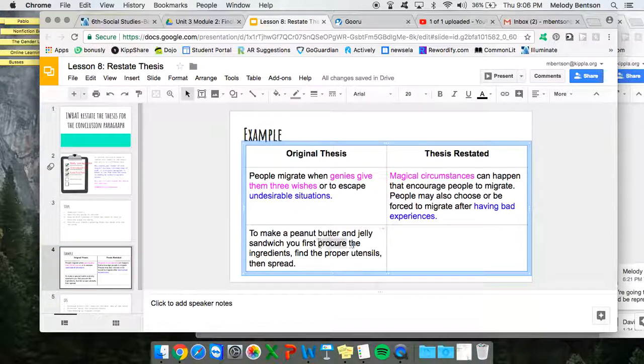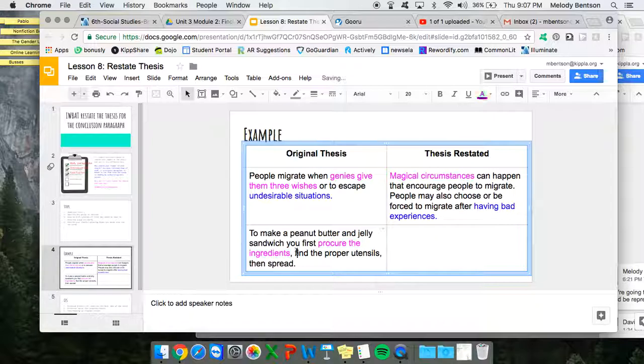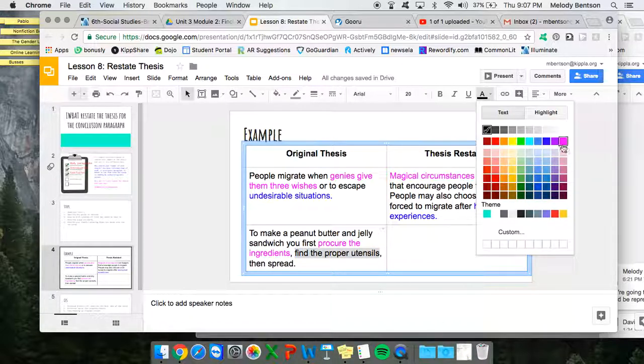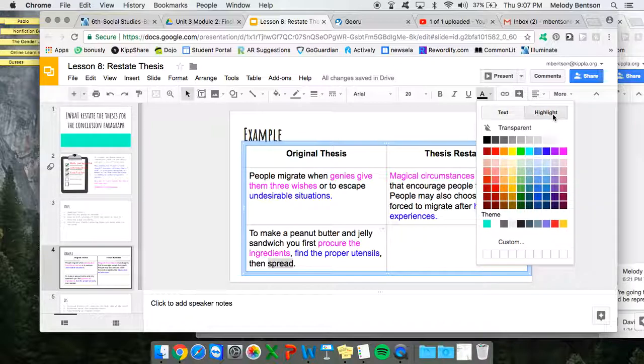Procure the ingredients. It's one of those steps to making a PB&J sandwich, so I'm going to identify that. Find the proper utensils. That's another key phrase, which also happens to be another step to make a PB&J sandwich. And then lastly, spread. That's another key phrase.